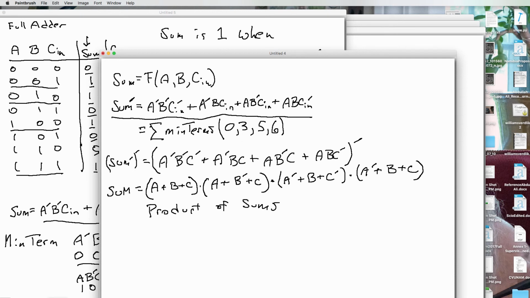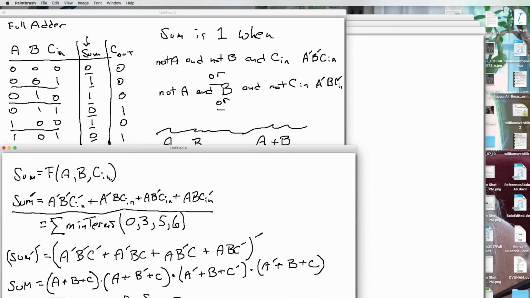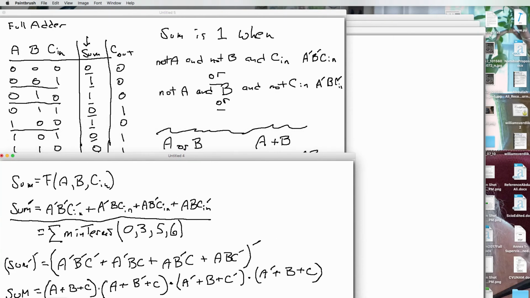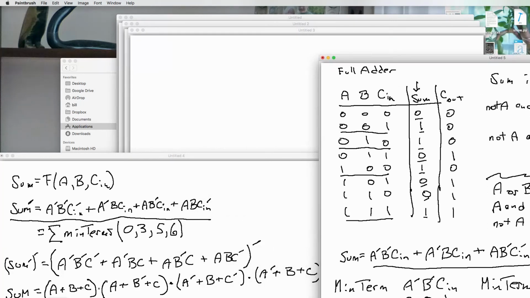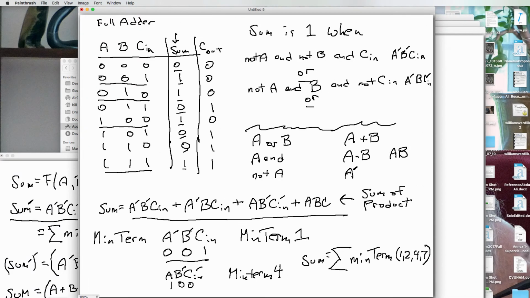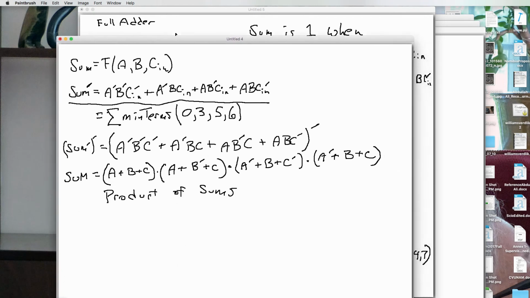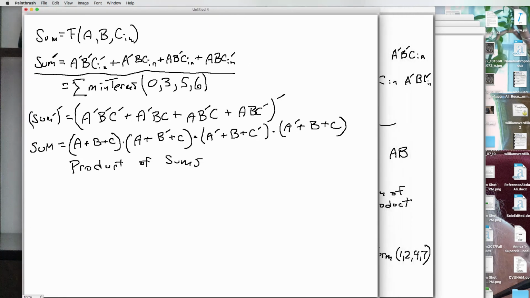Okay, again, I'll show you the old one. Let me see if I can squeeze this all on one screen. Somehow it does not look like I can. Here I have a sum of products for sum. And over here I have a product of sums.